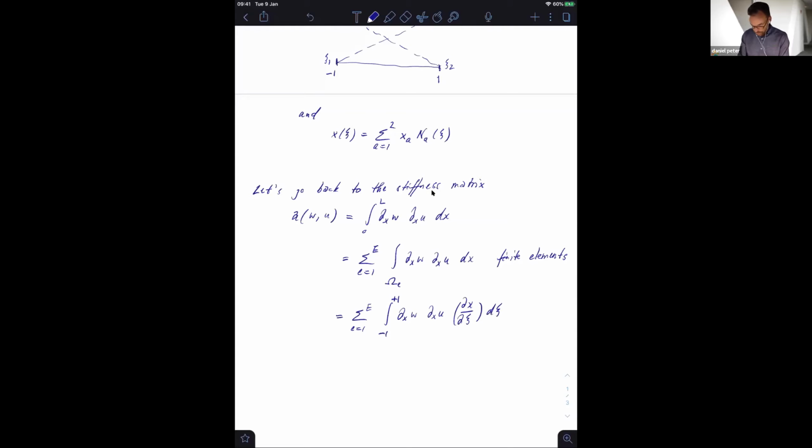So this is now integrating in the reference domain or the reference element. The derivative of the mapping, this x with respect to xi, that is also called the Jacobian.